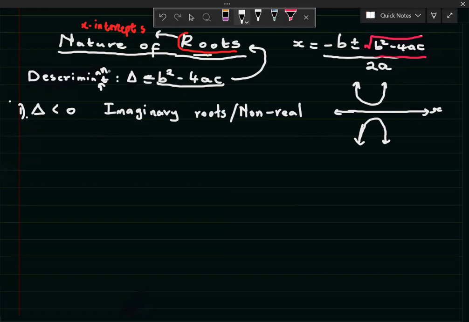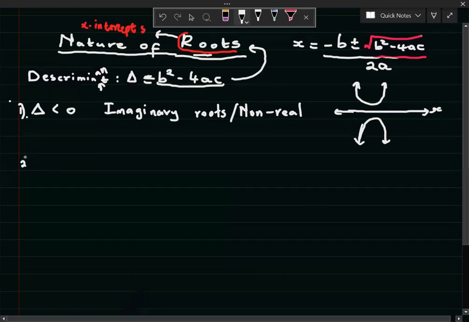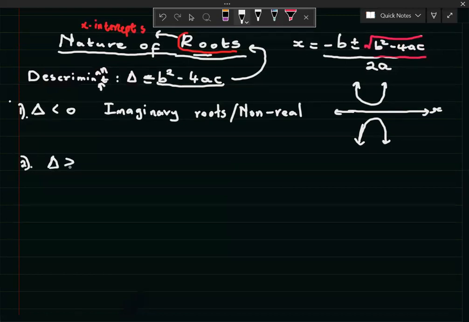Now, let's do the second case. If delta is greater than or equal to 0, meaning it's positive or it's 0, our roots are going to be real.